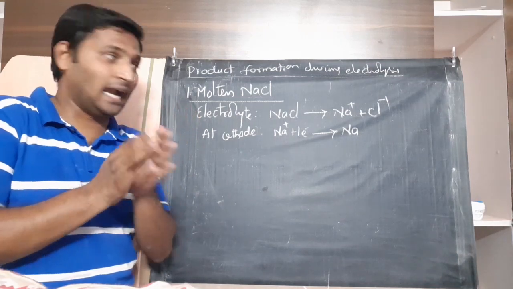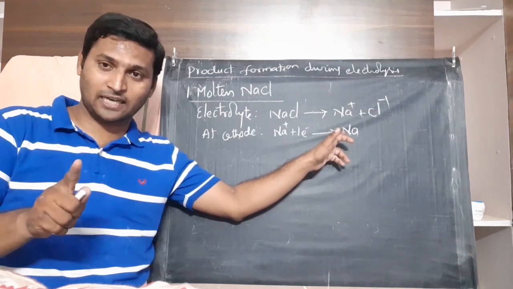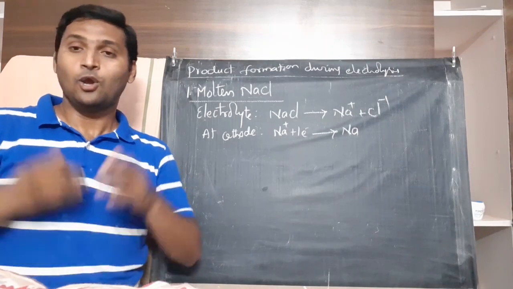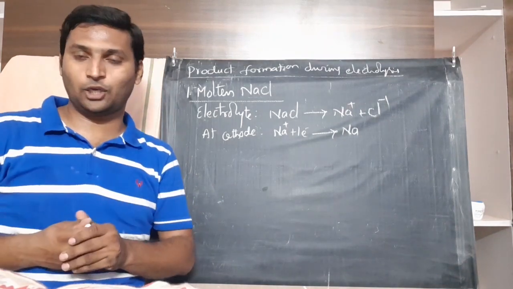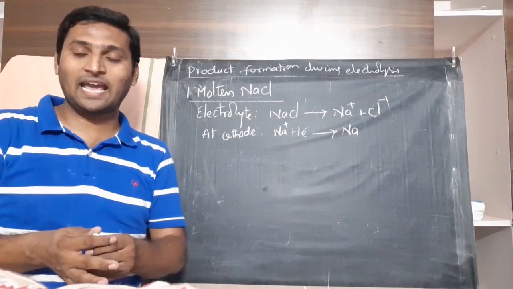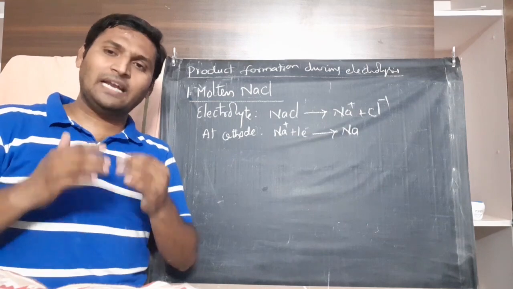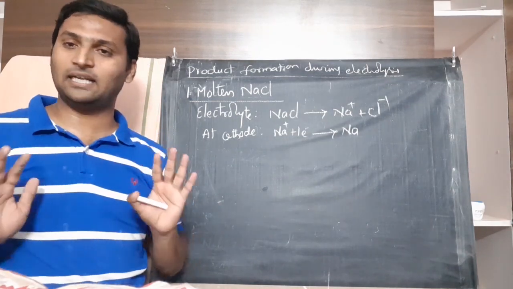So please understand, whenever solid substances are formed as a result of an electrode reaction, you say the substance is deposited at that electrode. Whenever gaseous substances are formed during an electrode reaction, you say that substance is liberated at that electrode. Whenever any liquid substance is formed, we simply say it is formed at that electrode.